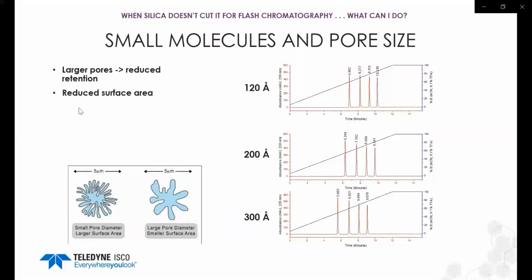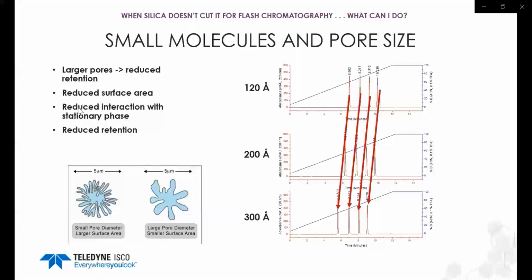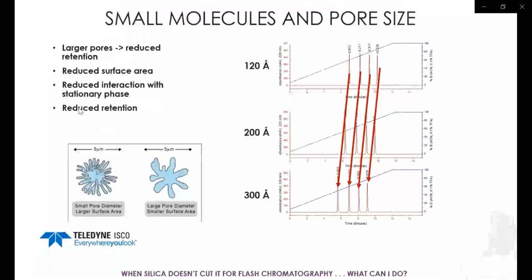And this is because we see reduced surface area, and so there's reduced interaction with the stationary phase. So if we're reducing the interaction with the stationary phase, you're going to result in reduced retention. As you can see here, as we move from 120 angstrom to 300 angstrom particle size.